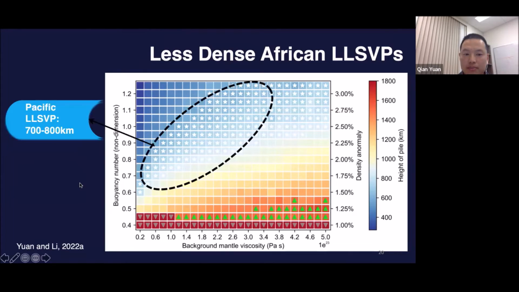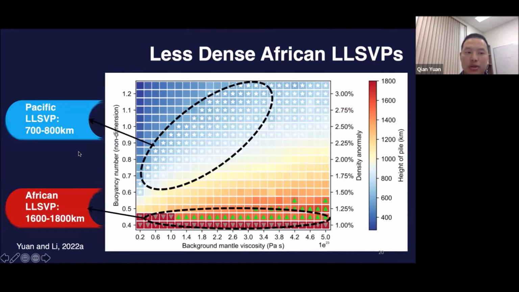Then we plot the seismic heights of these two LLSVPs, with the constraints from the earlier part. Because the Pacific LLSVP is about 700 or 800 kilometers, we plot it mostly in this region, represented by the white star. The African LLSVP is about 1600 to 1800 kilometers, so it is plotted in this region.